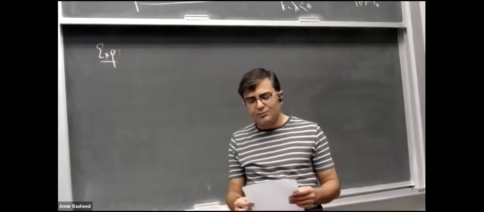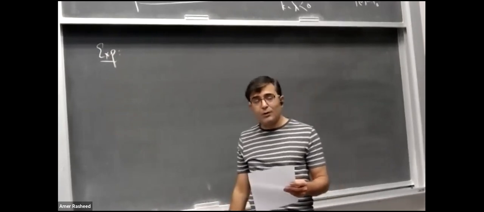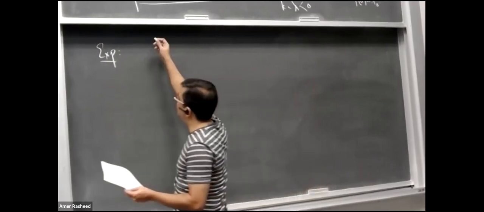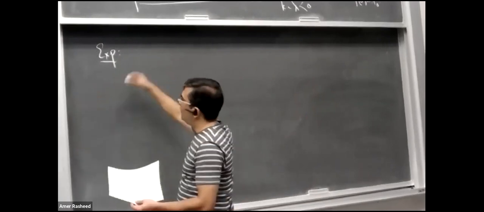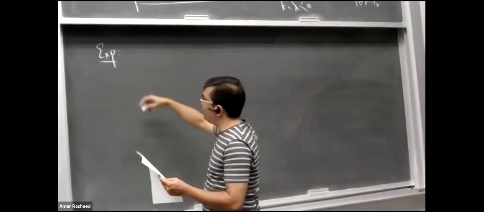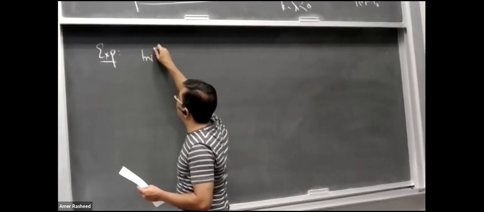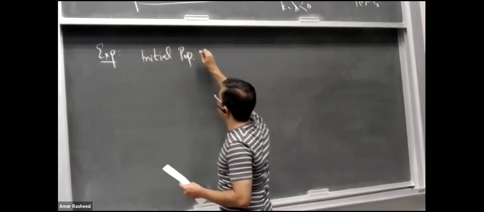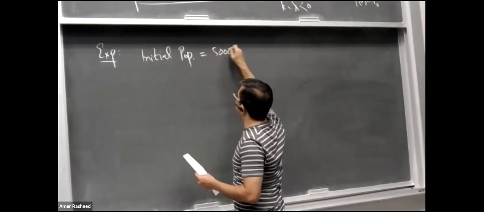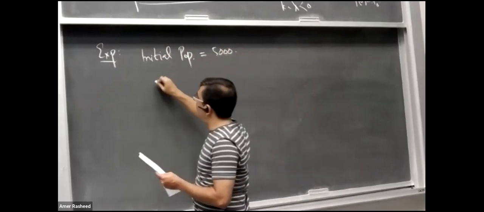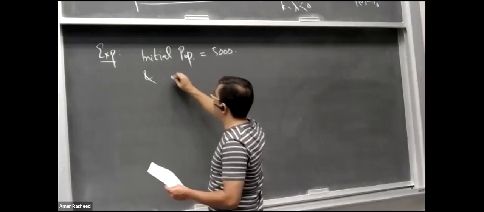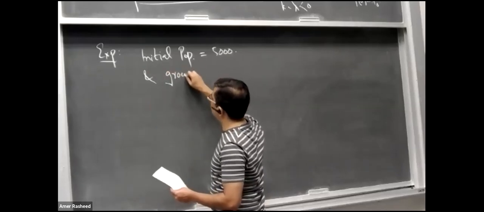A population of a small town grows proportional to its current population. The initial population is 5,000. Okay. And it grows at a rate of 4% per year.